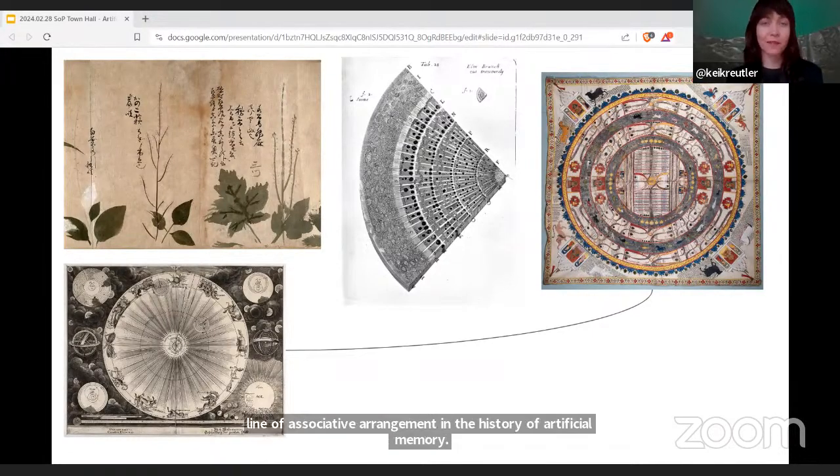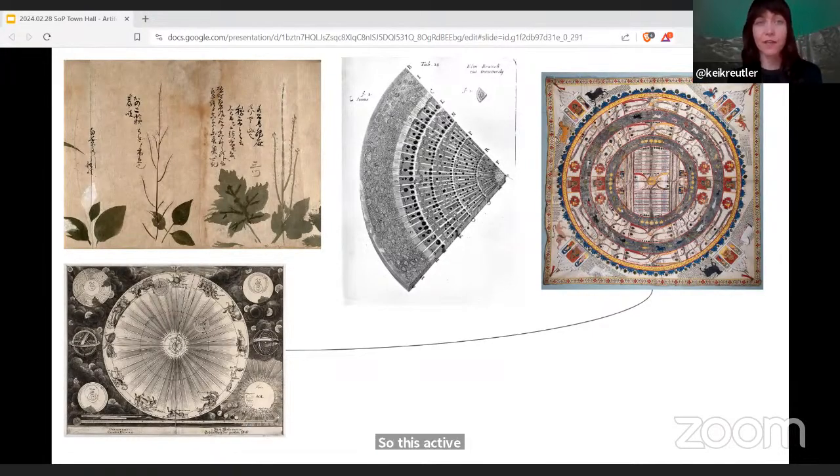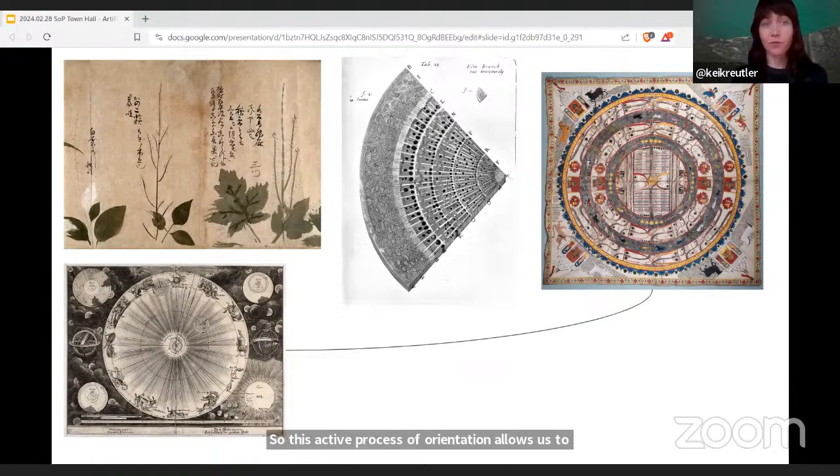This active process of orientation allows us to trace a path through forms of latent memory available to us towards the transmission of living memory. It's akin to leaving a trail of string behind, enabling us to remember our steps across various thresholds and reconstruct context.